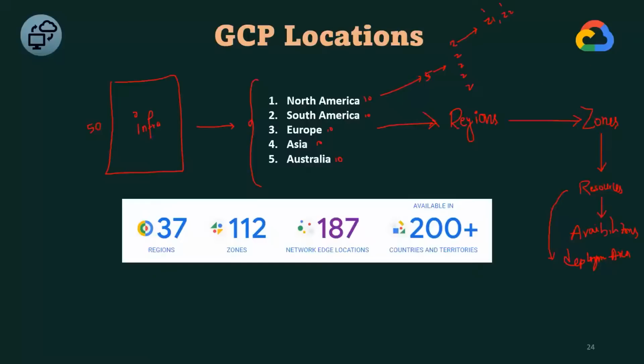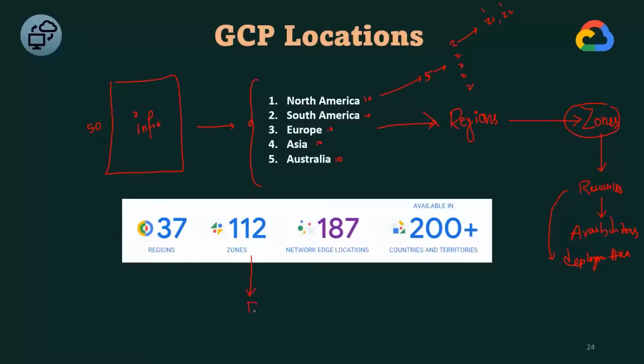Anyone have any questions? Yeah, I do have a question. Yes, Kishore. So we are saying there are 5 locations, right? Meaning 5 data centers? No, no, it's plenty of data centers.